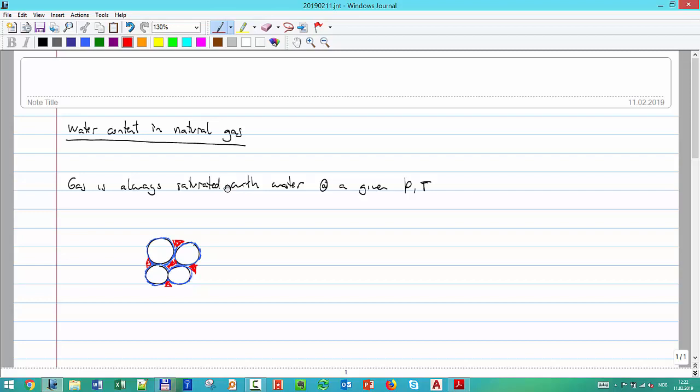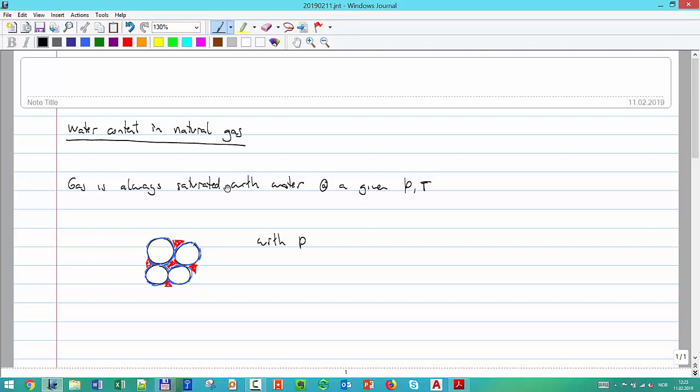So we avoid that issue of saying we haven't achieved full solubility yet. The gas has everything that it can contain. And as the pressure and temperature change, that solubility is going to change.